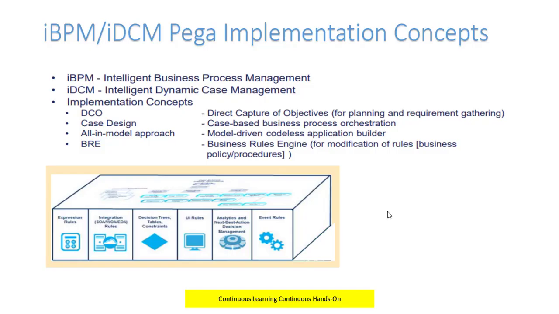Like this, in every project they will have DCO sessions, meaning Direct Capture of Objectives, where each product owner and each BA will come, gather the requirements and segregate them into user stories. Each user story will be work for the dev team.